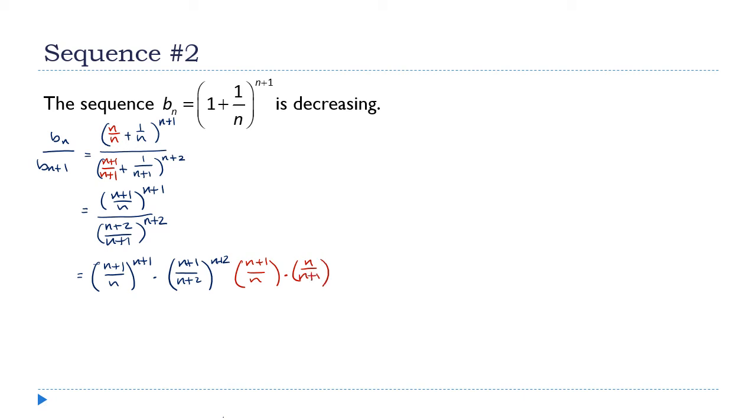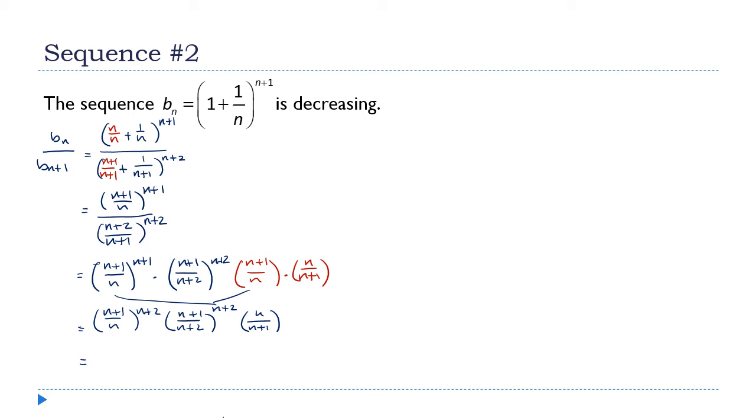Now I'm going to combine these two together. And this becomes (n plus 1 over n) to the n plus 2 times (n plus 1 over n plus 2) to the n plus 2 times n over n plus 1.